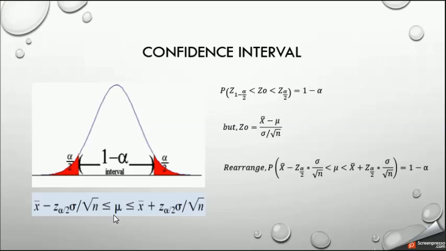Simply, the confidence interval is given in this equation. We have the confidence interval on the population mean bounded by the upper limit, which is x bar, the sample mean, plus z alpha over 2 times sigma over square root of n. In our case we know sigma, the population standard deviation, and n is the sample size.